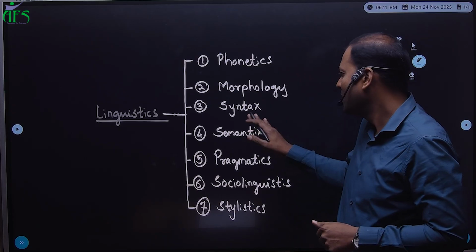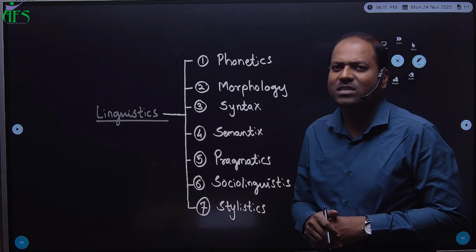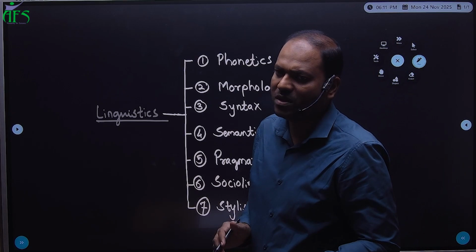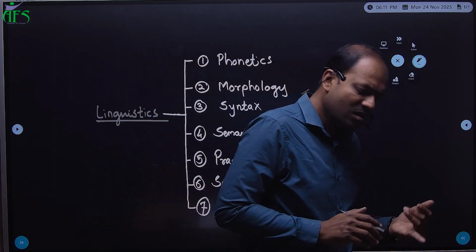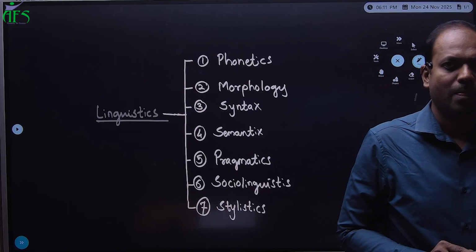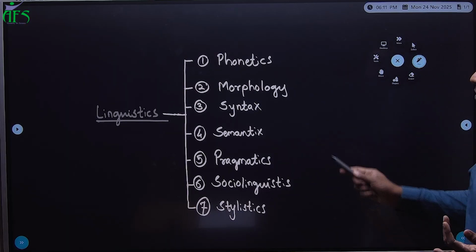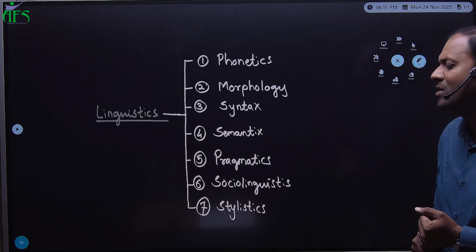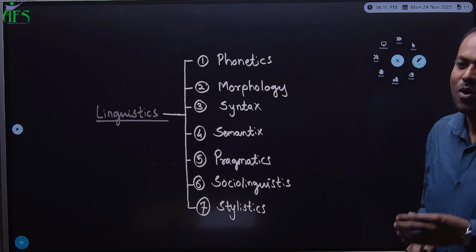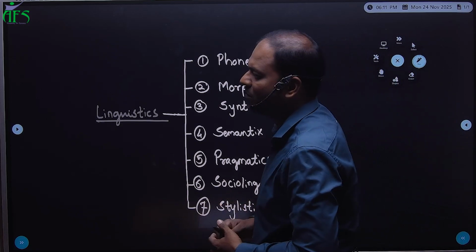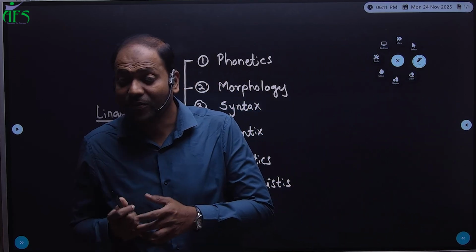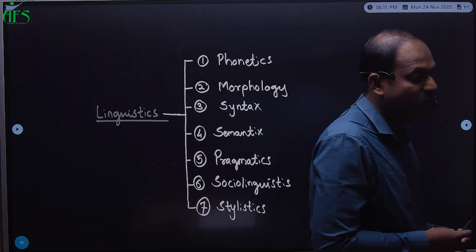You got it? So syntax is the study of parts of sentences. Now, what are the parts of sentences? All the parts of speech, meaning every word in that sentence, or groups of words, which are called phrases. Different types of phrases will be studied. Different types of clauses will be studied here.